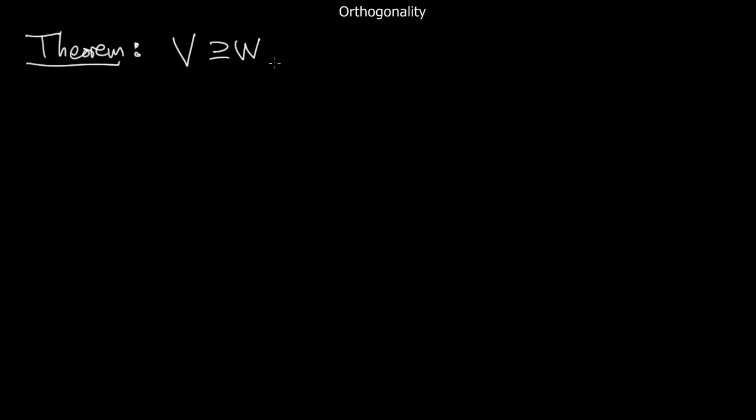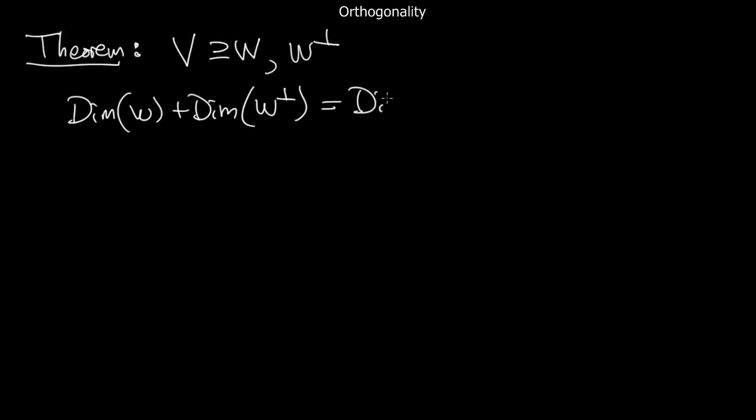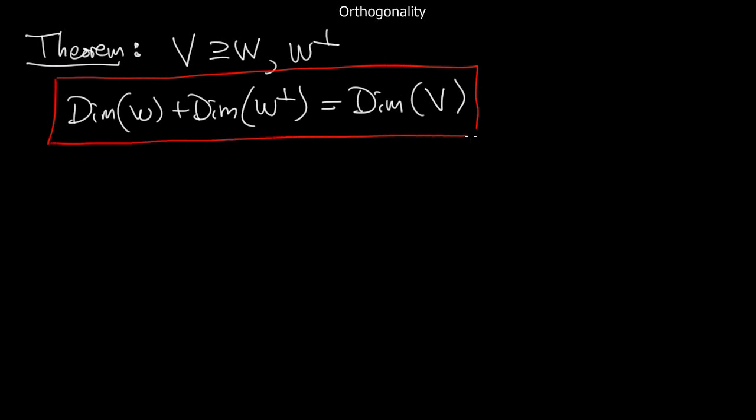Here's the result. So you have this vector space V and a subspace W, and this W perp. Then, first of all, W perp is a subspace, and the dimensions add up to the dimension of V. Sometimes we say that these are complementary subspaces because their dimensions add up.